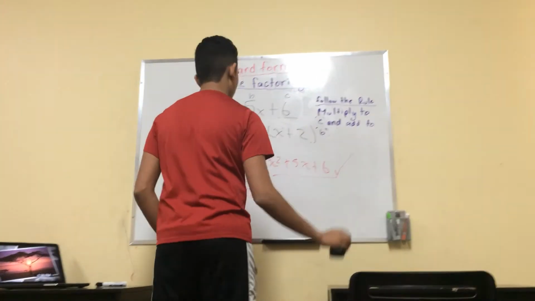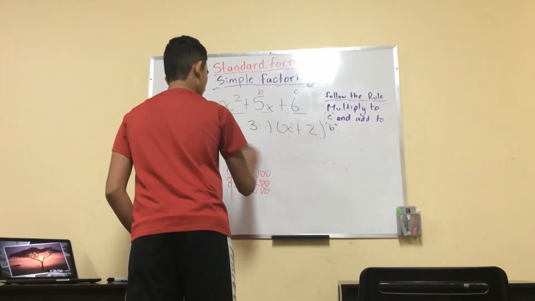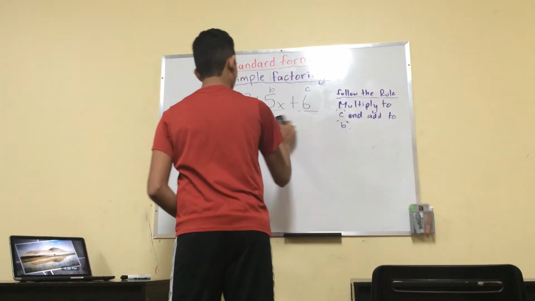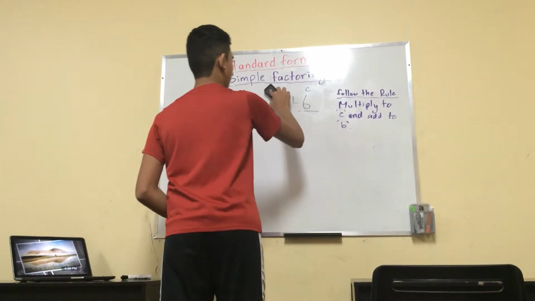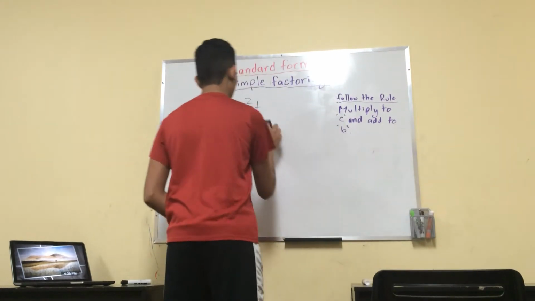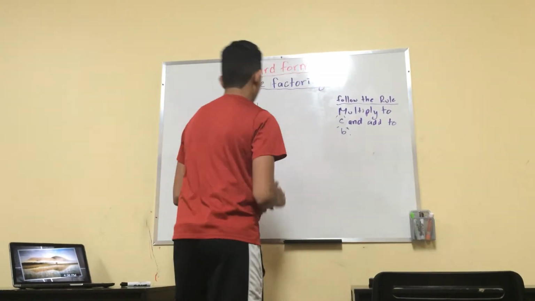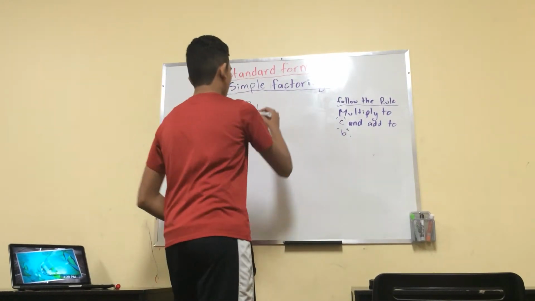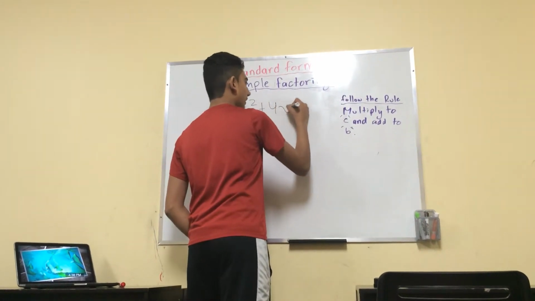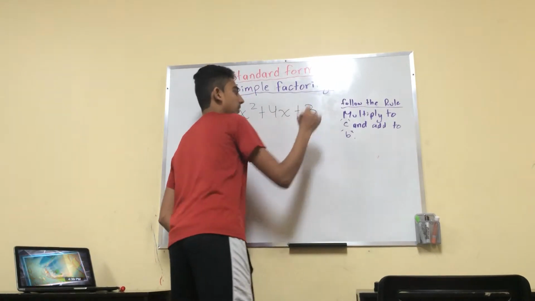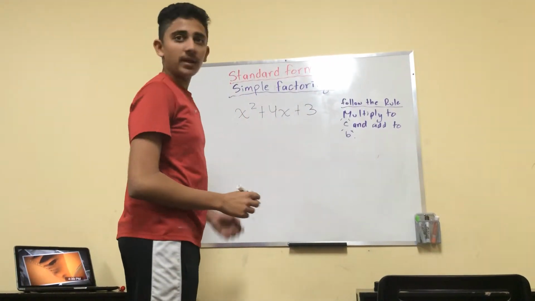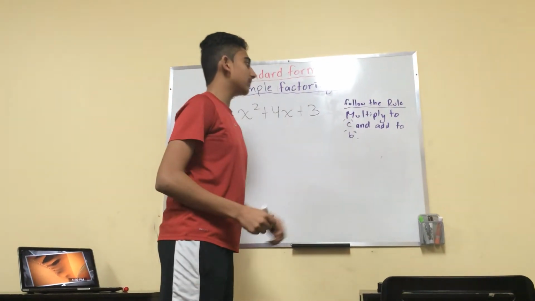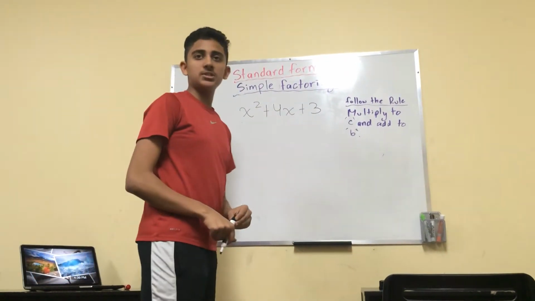Let's try another equation: x squared plus 4x plus 3. This is again a simple factoring method because there's no coefficient, and we use the rule: multiply to C, add to B. So what's the first step?